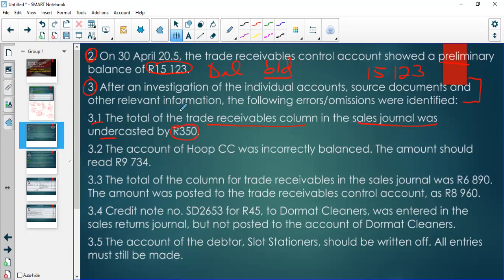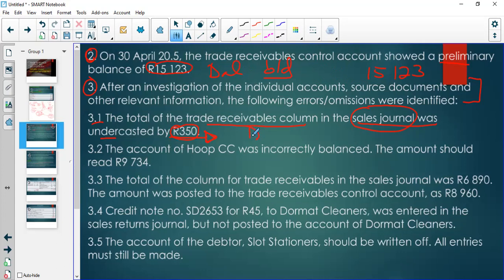So remember that we have a sales journal where we make entries, entry number 1, 2, 3 of all the customers. Then at the end of the month, we take a calculator and add up everything. So we saw that when we were adding up everything in the sales journal, we probably made a mistake, and the total we got was smaller by 350. So which means this 350 has to be added on the debit side, so that it increases the trade receivables.